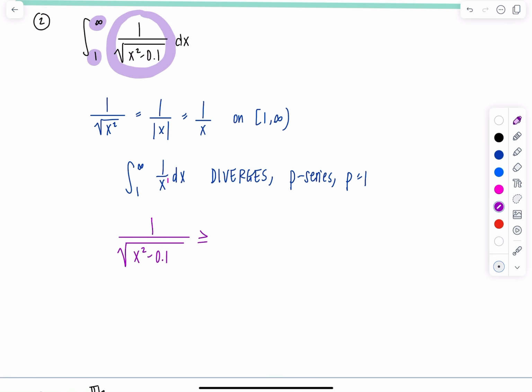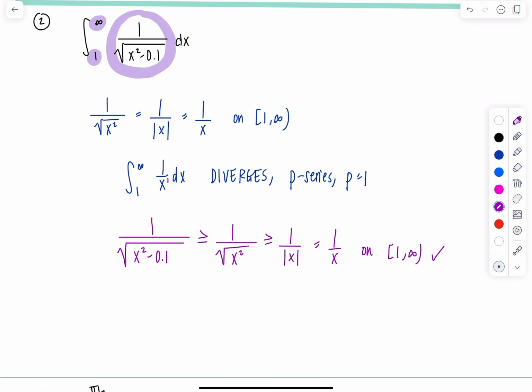So this is greater than or equal to 1 over, if I had just rad x squared. Take a second and think about that. I just made the denominator bigger here. So overall, this expression is smaller. And then the rest of the inequality just falls into place. This is greater than or equal to 1 over absolute value of x, which is 1 over x on 1 to infinity. So we're done.